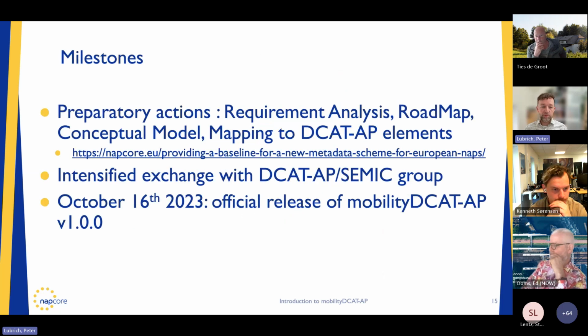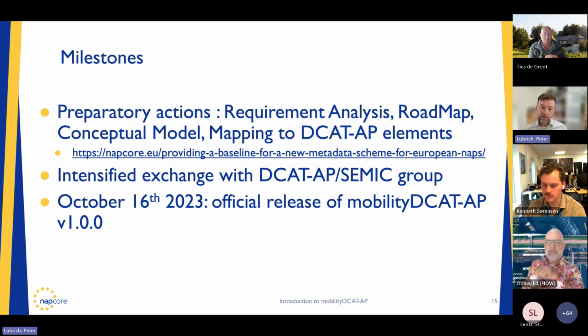So before we started mobilityDCAT-AP, we did a lot of preparatory actions, which you have to do whenever you do a new data model. We did requirement analysis, we did a roadmap, we did conceptual modeling, we did some mapping to existing DCAT-AP works. We spent some months here.